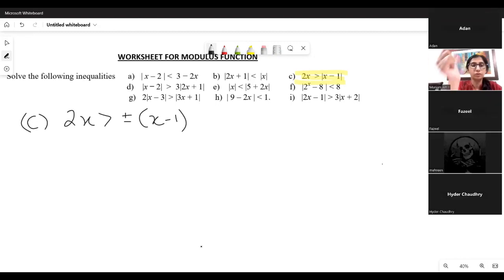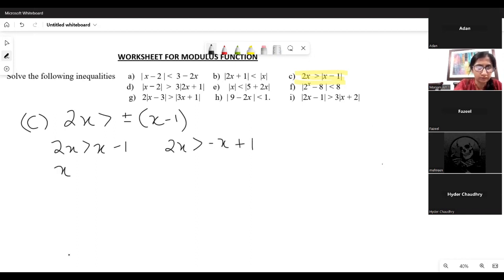So we have 2x is greater than x minus 1 and 2x is greater than minus x plus 1. So we have x is greater than -1 and we have 3x is greater than 1.